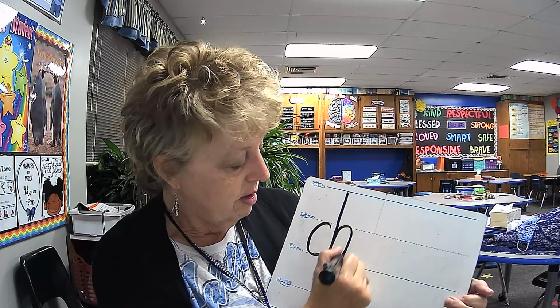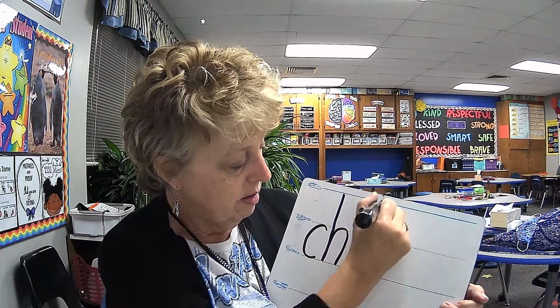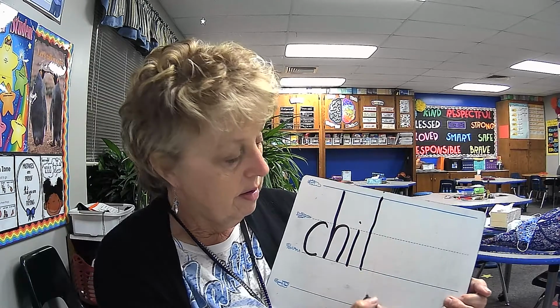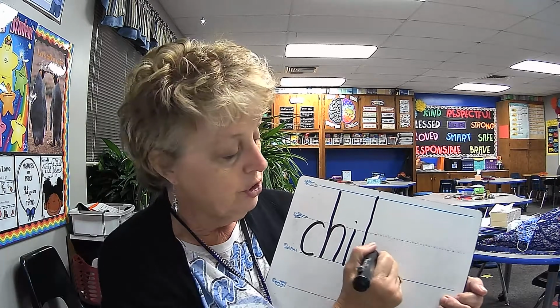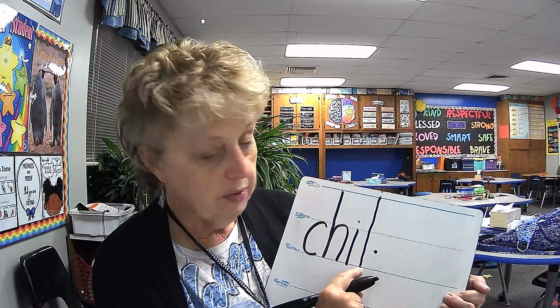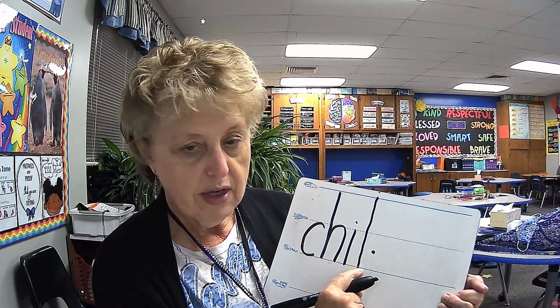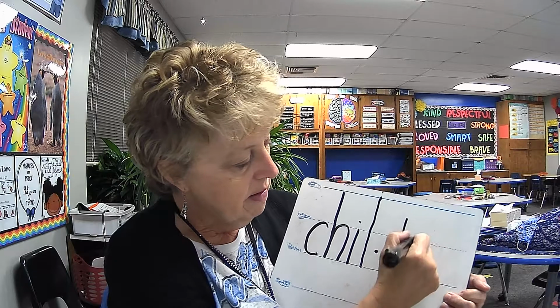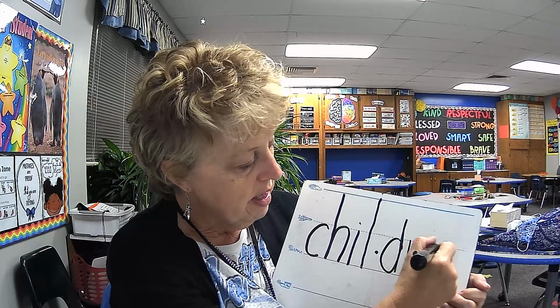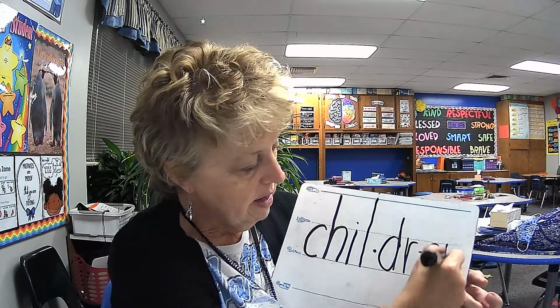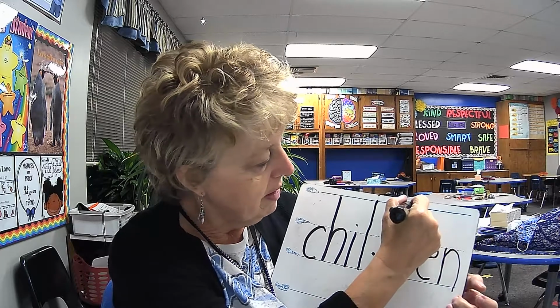Here we go. Chill. Put your dot there. We have one consonant there. And now let's spell the second syllable. Dren. D-R-E-N. Children.